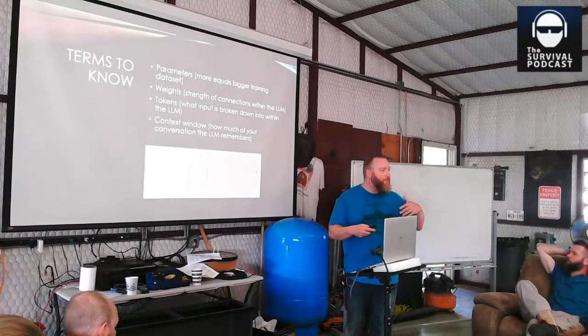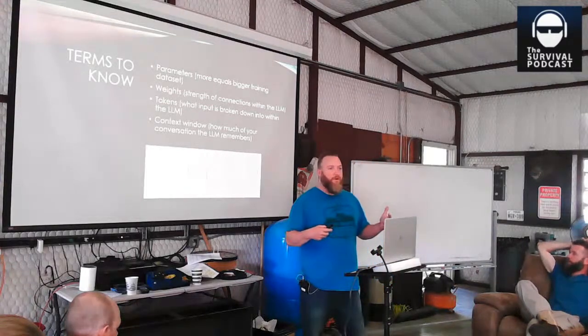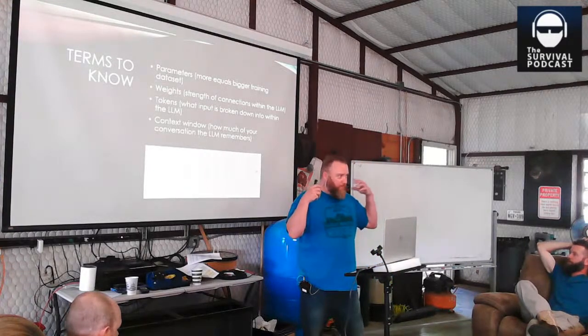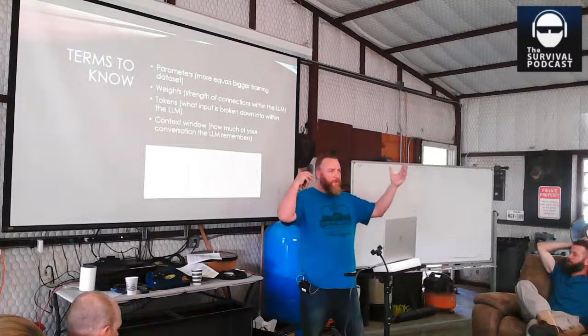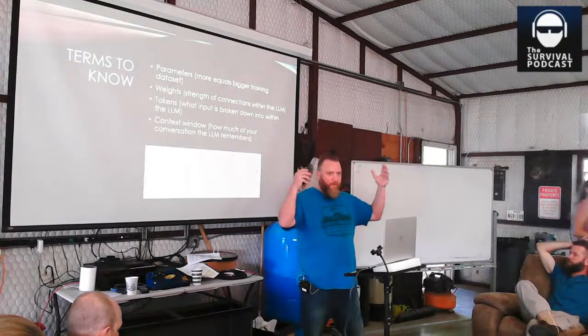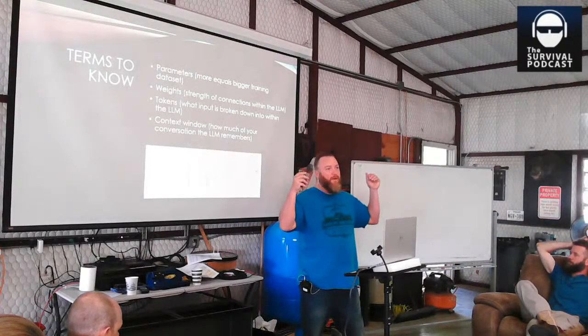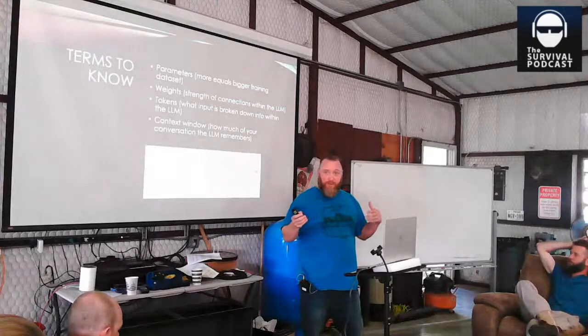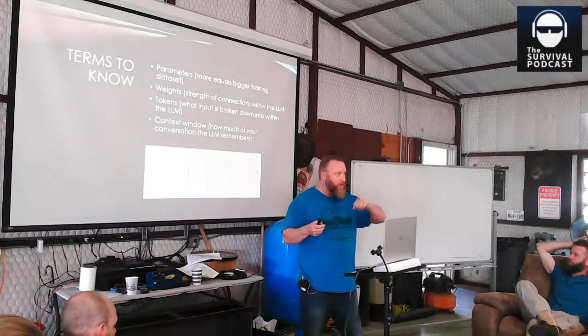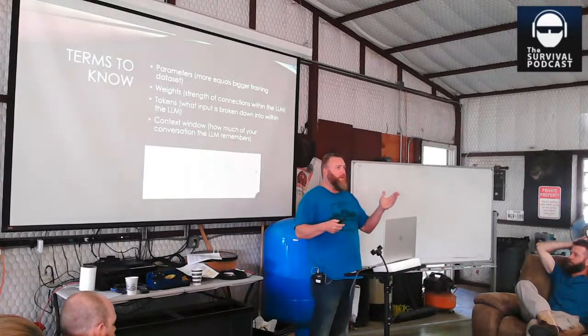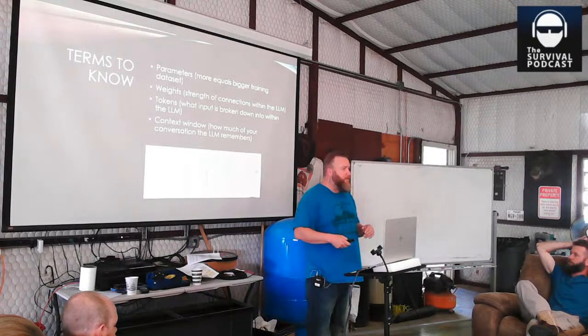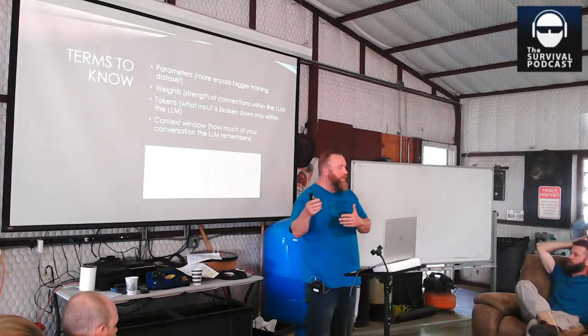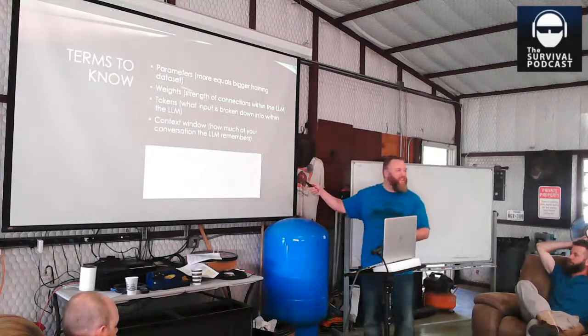If we think of a large language model as a brain, your brain has all these different connections, synapses. Some of them are stronger than others. Sometimes someone says something and you're like, oh shoot, I haven't thought about that in 15 years. That would be a weak connection, right? Weights are kind of the same thing.